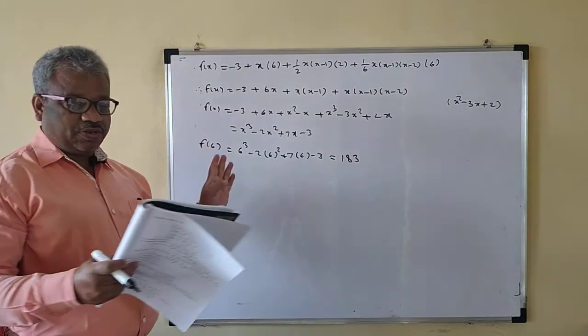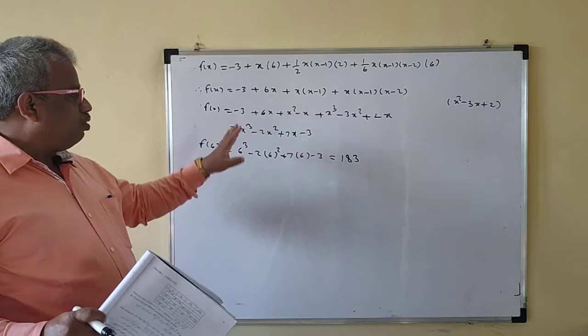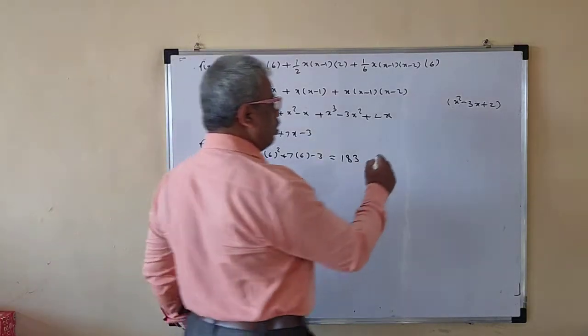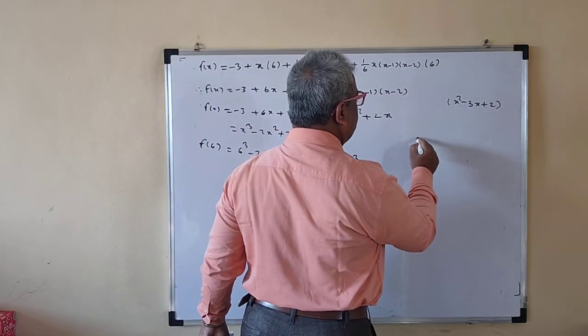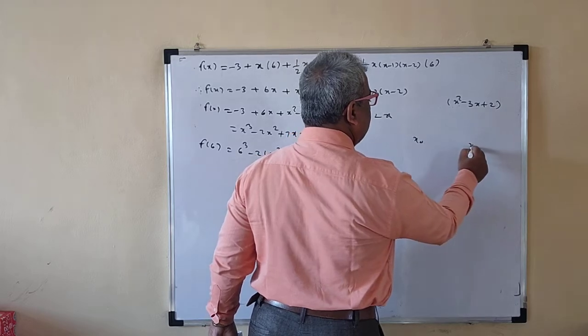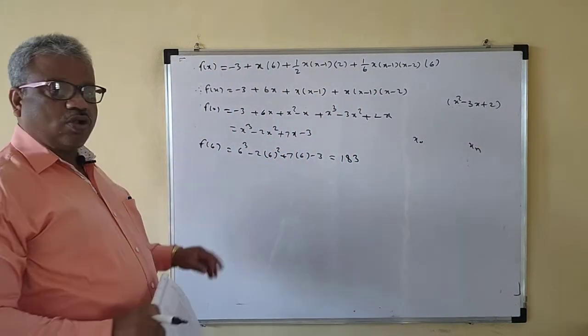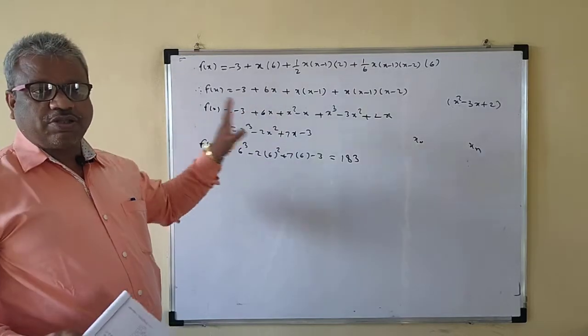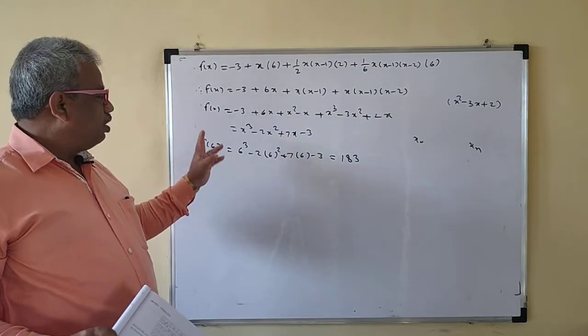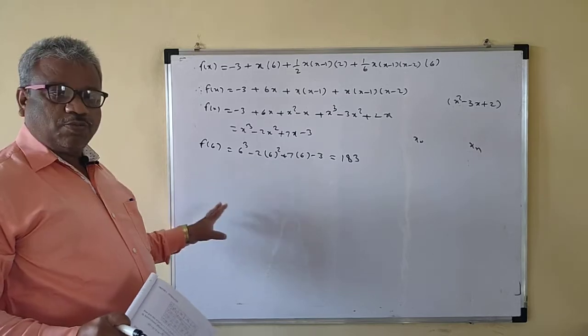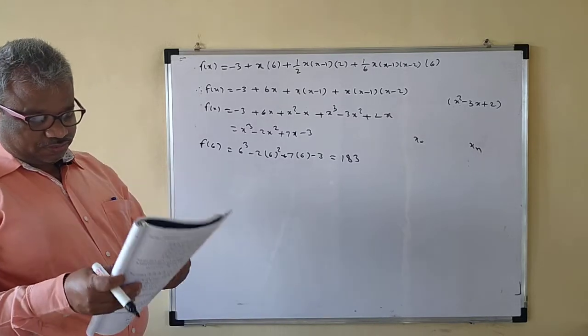It is not in between. You can find the value of f of something that lies between x0 and the last x. Interpolation should be there. Okay. So if you want to find the value of f of 6, first you have to find this polynomial, and then only you can find it. But with the help of the formula directly, you cannot.